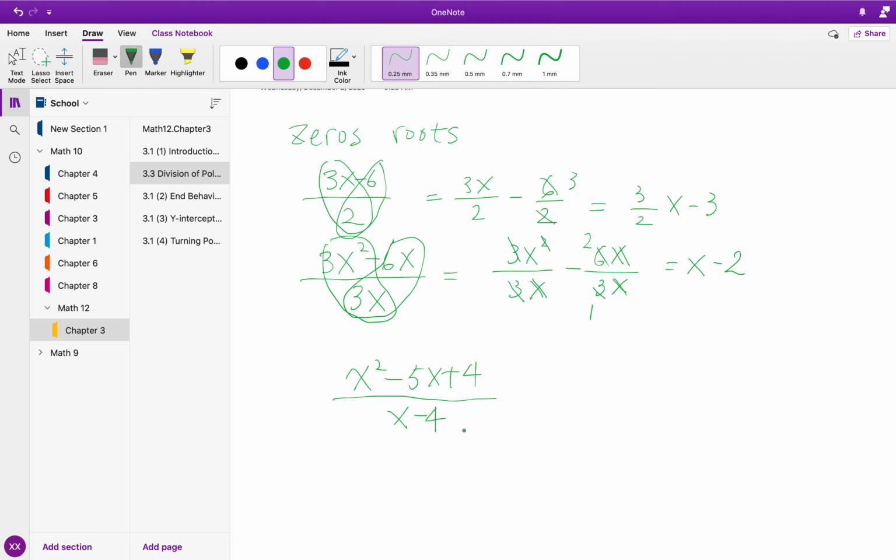Given the restriction that x does not equal 4, what you do here is factor the numerator to become x minus 1, x minus 4, and on the bottom is x minus 4. So in this case, this binomial cancels, then this division becomes x minus 1.